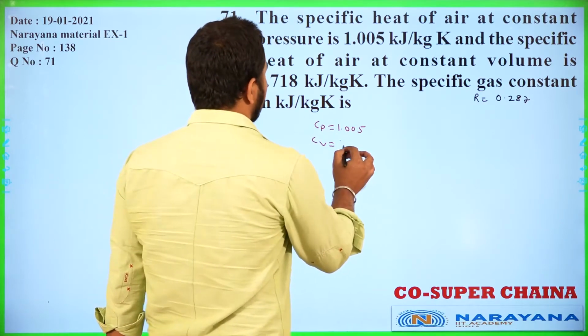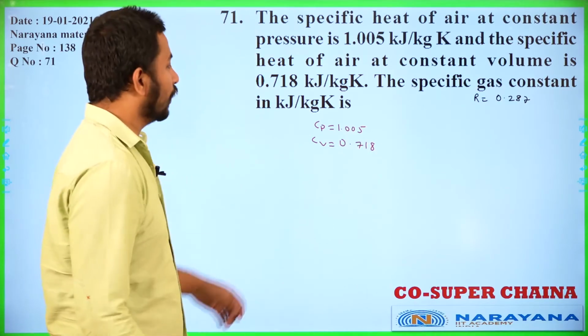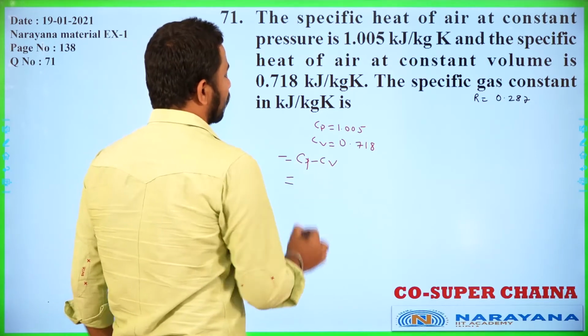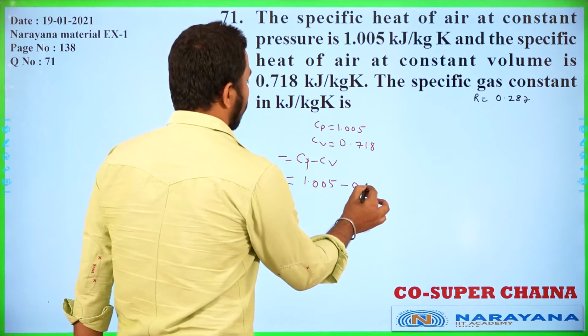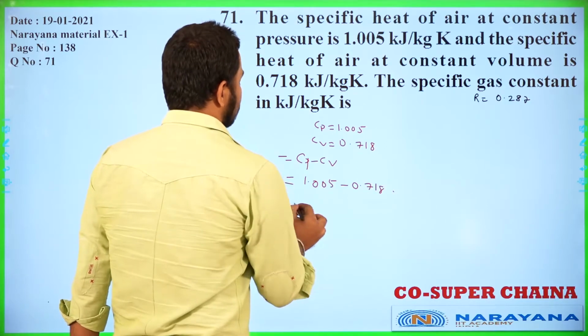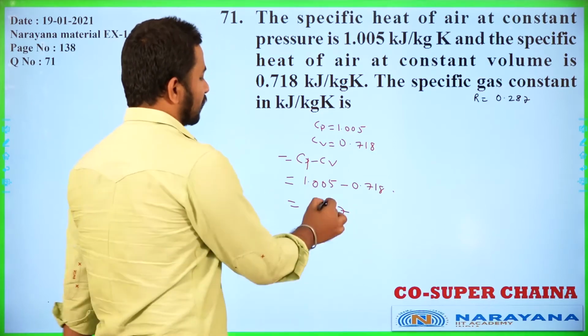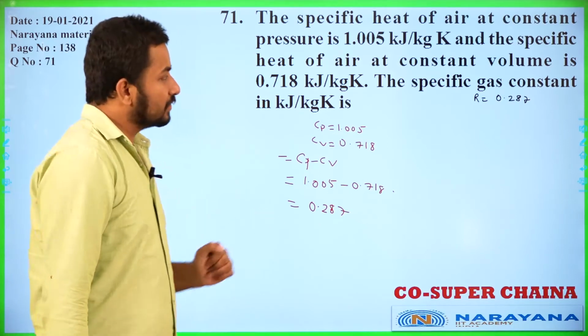So this value is given as 0.718, student. Now you know Cp minus Cv we have to calculate. So if we calculate here, this will be 1.005 minus 0.718. So the answer of this will be 0.287, and that is the answer of this question.